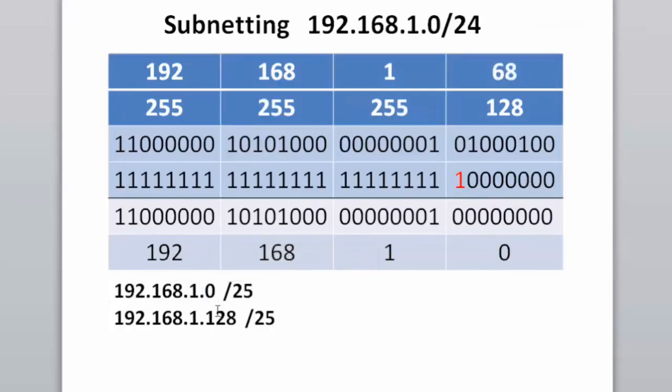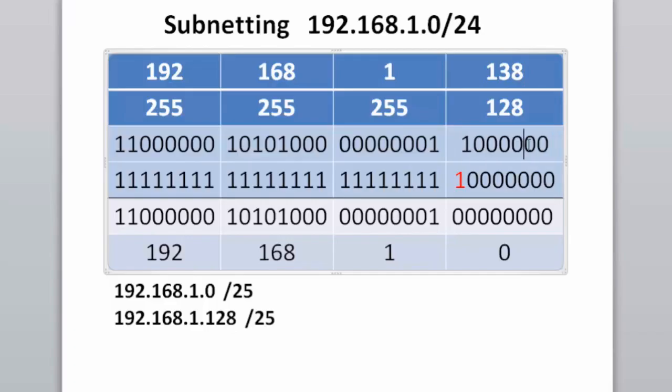Well, this makes sense because if the next subnet is 128, if we put in a host address larger than 128, we'll see if it falls in this subnetwork. So let's change it slightly. I'll change the host address to 138. So now I'll change this, put that as 0. So there's a 128 bit. I'll make this a 1. And I'll put a 1 here. So 128 plus 8 plus 2 is 138.